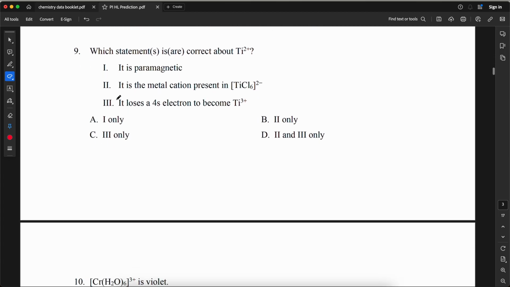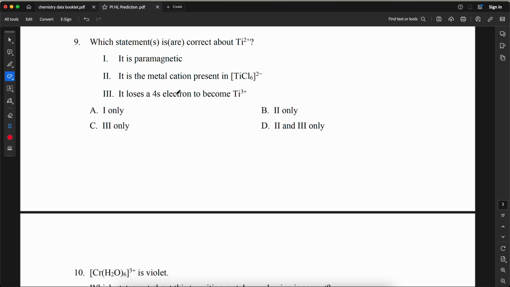Which statements are correct about Ti2+? Ti has the electron number of 24... Ti has Ar 4s2 3d2. So Ti2+ would be Ar 3d2. So it is paramagnetic. 1, 2, 3, 4, 5. So 1 electron unpaired, paramagnetic. Okay, correct. It is the metal cation present in TiCl6 2-.